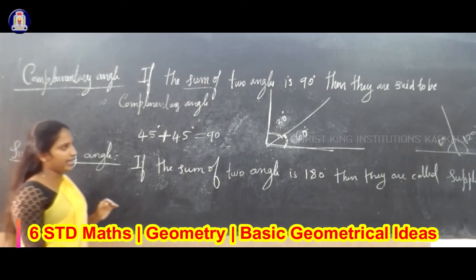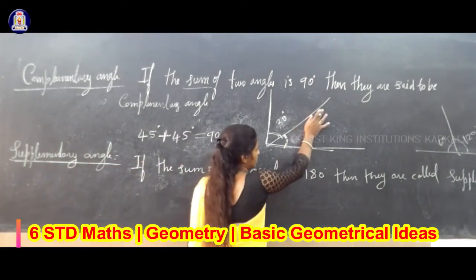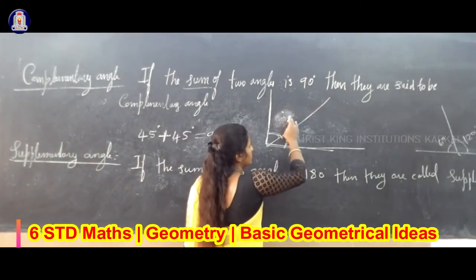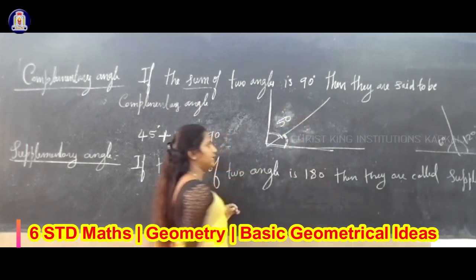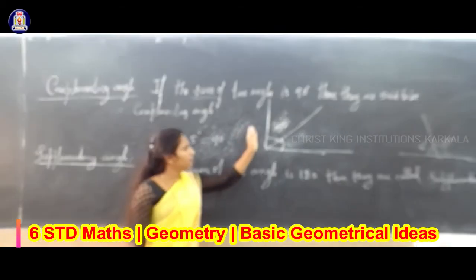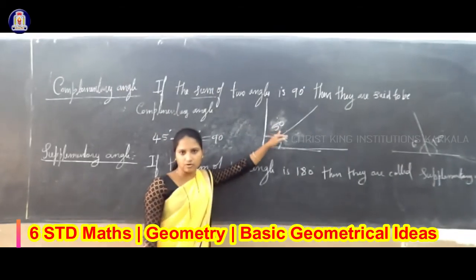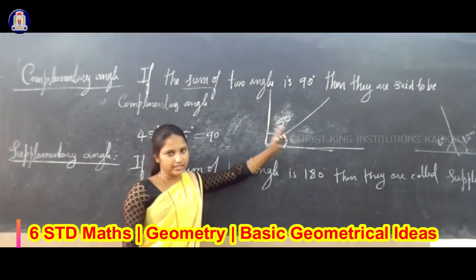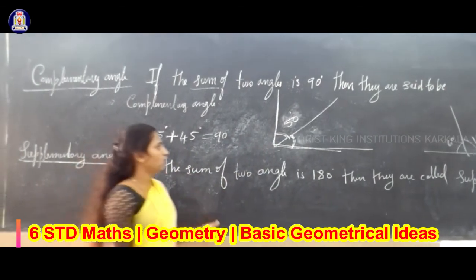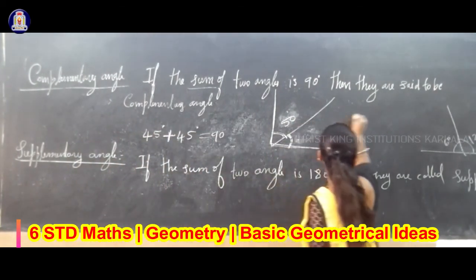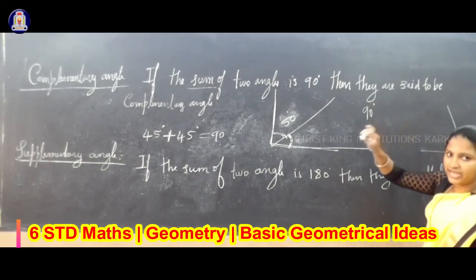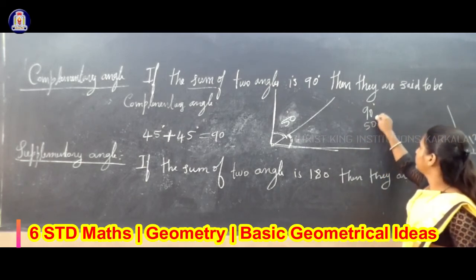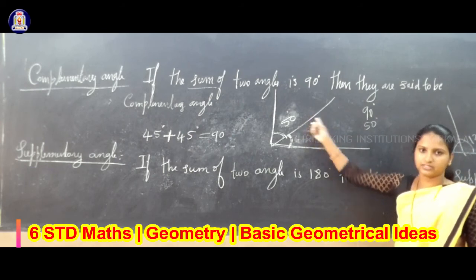Sometimes they will ask questions like this. They will give only one angle, say 50 degree. What is the complementary angle of 50 degree? The sum of the two angles is 90, so from 90 you have to subtract 50.